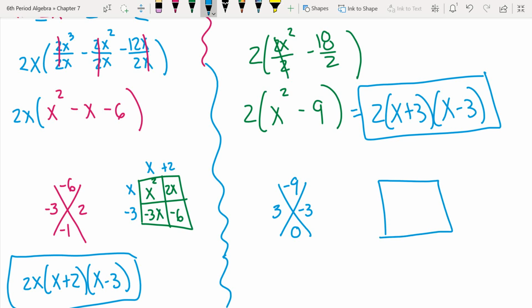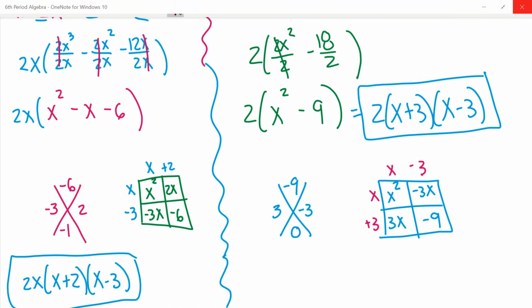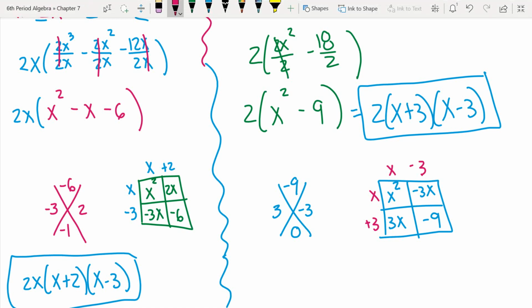So when you fill in your box, you'd have x squared in the top left, negative 9 in the bottom right, 3x bottom left, negative 3x top right. Working outward, you would find that x times x is x squared, x times positive 3 is 3x, and x times negative 3 is negative 3x. So no matter what, you should still get the same answer I had boxed in blue.